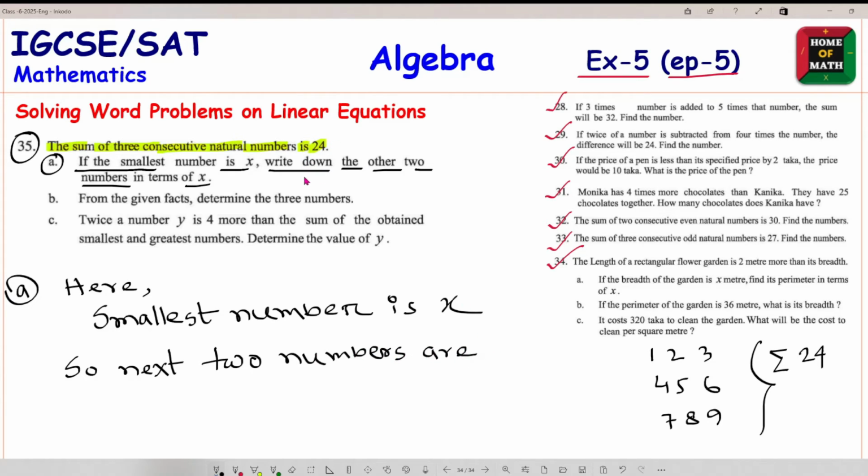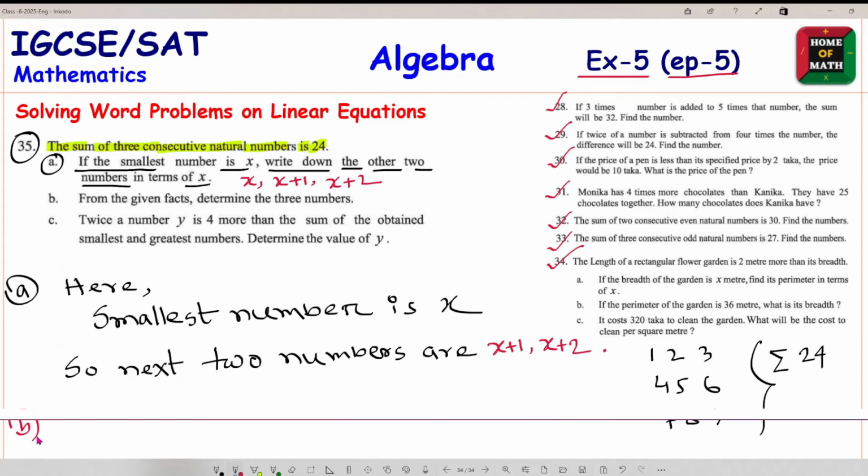So we have to write down the other 2 numbers in terms of x. So we can say next number will be x plus 1 and after next number will be x plus 2. Okay, so it's very simple. This is our question A. So this is x plus 1 and then x plus 2. So our first question done.